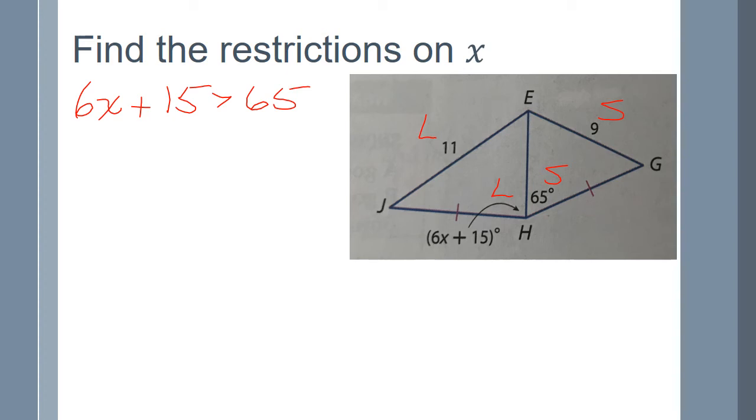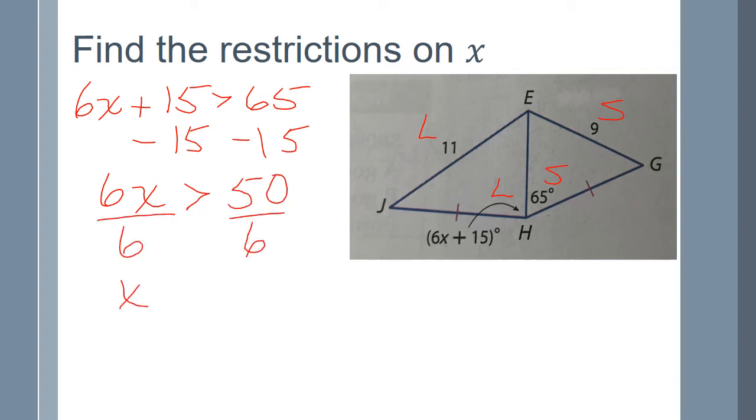Now we're going to subtract 15 from each side again and end up with 6x is greater than 50. Divide each side by 6. X is greater than 25 thirds, okay, because we had to reduce.